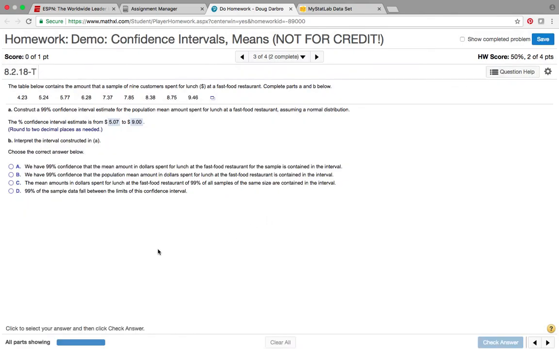All right, interpret the interval. So there's a 0.99. We have 99% confidence that the mean amount of dollars spent for lunch.